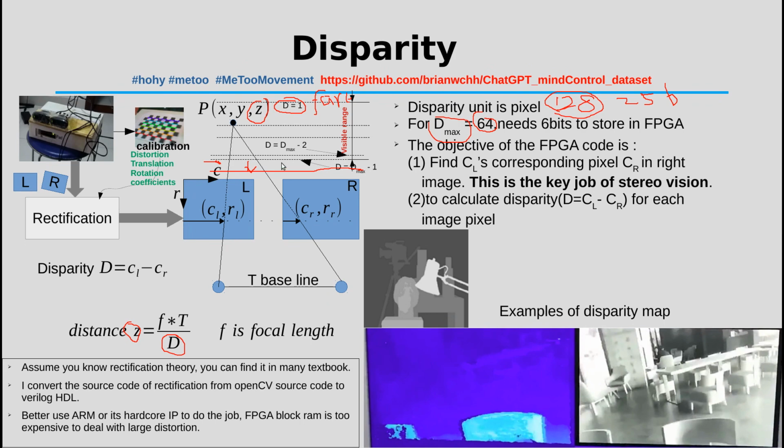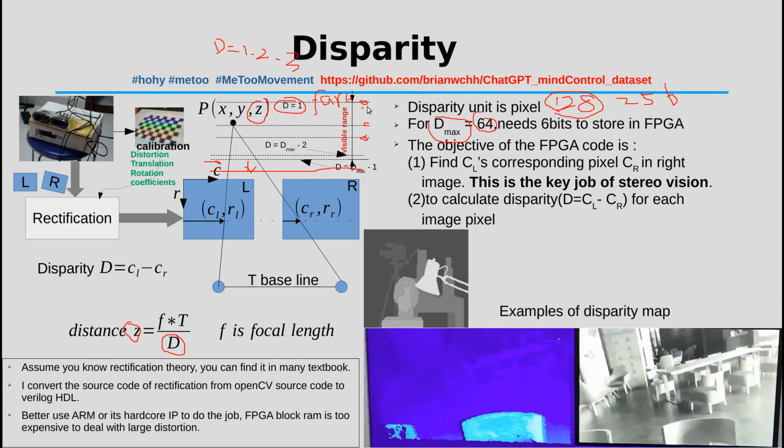Sometimes you may want to observe very near objects. Also, remember that as d is quantized, it becomes 1, 2, 3, so the distance z is actually quantized as well.